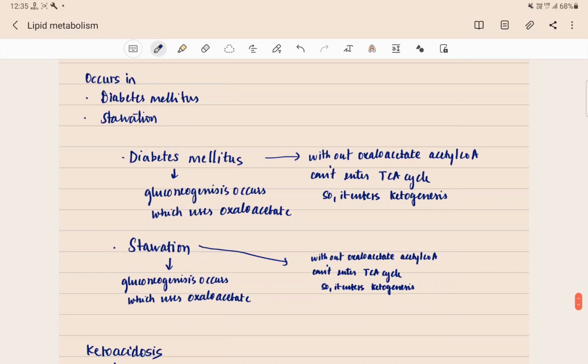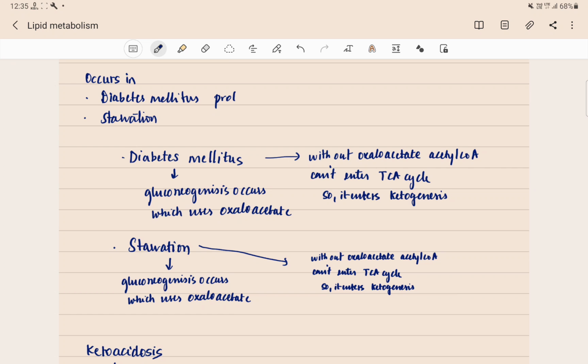This occurs in prolonged diabetes mellitus and starvation. Why does ketosis occur in diabetes mellitus? In diabetes mellitus, gluconeogenesis occurs, where the body tries to produce glucose from products other than carbohydrate.